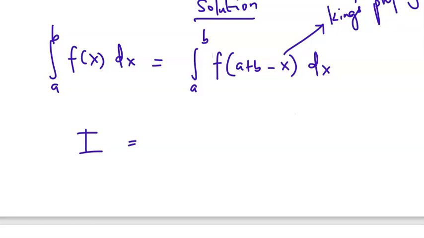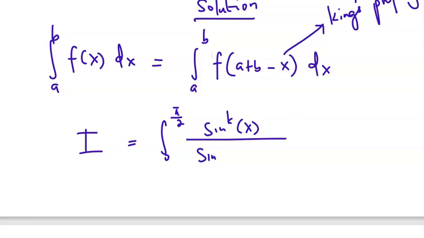Our I is equal to the integral from 0 to pi over 2 of sine of x to the power of k divided by sine of x to the power of k plus cosine of x to the power of k dx, right?